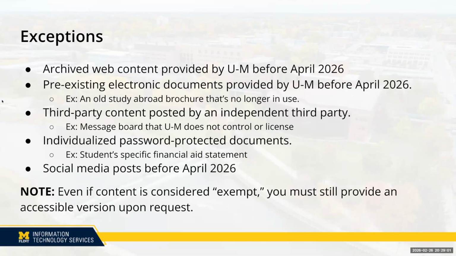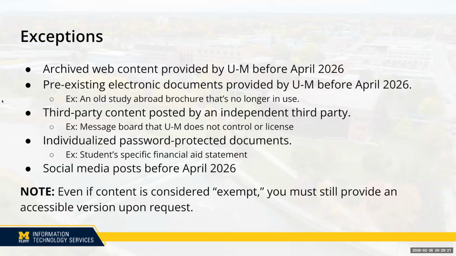Of course, there are some exceptions, such as archived content created before April 2026, or third-party content in which we don't have any control over, like a message board that we do not control or license.